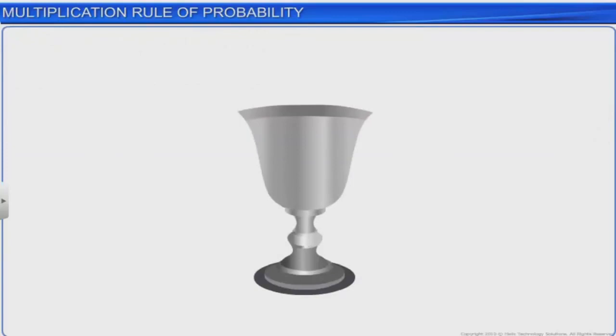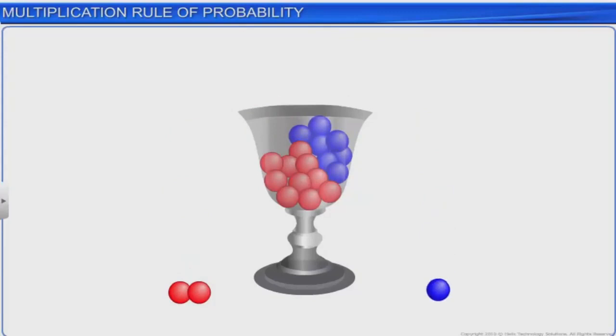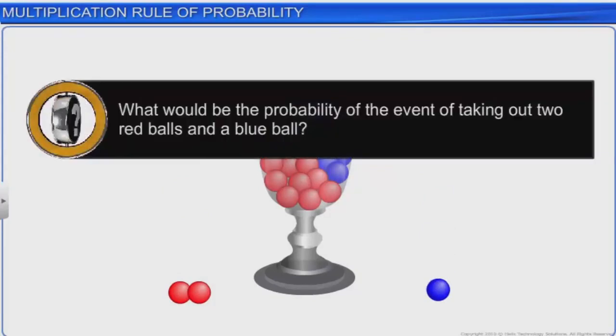Let's consider an example. An urn contains 12 red balls and 8 blue balls. Suppose we take 2 red balls and then a blue ball one after another without replacement. What would be the probability of the event of taking 2 red balls and a blue ball?